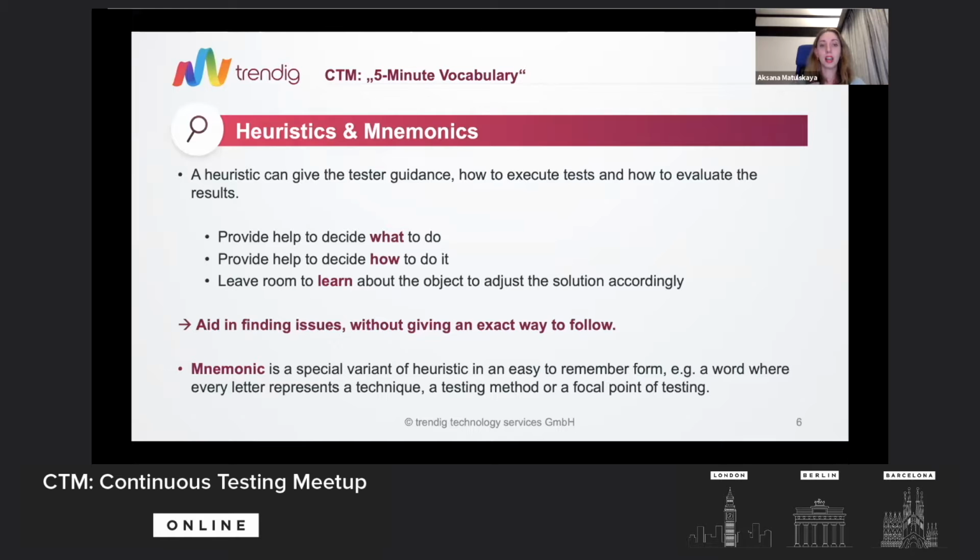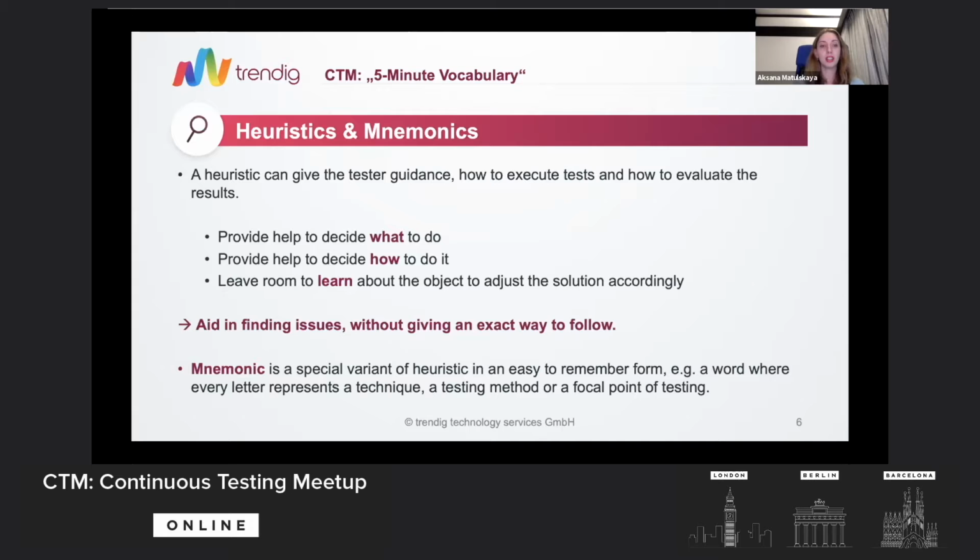They give us guidance on how to execute tests or how to evaluate their results. For example, they help you decide what to do, what to test, and how you can test, but heuristics also leave room to learn about the object.